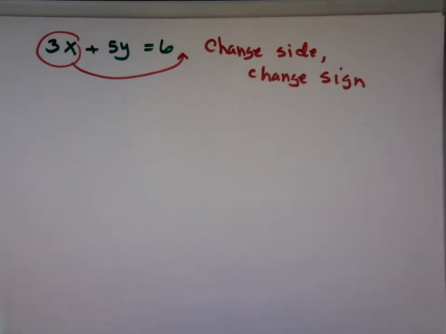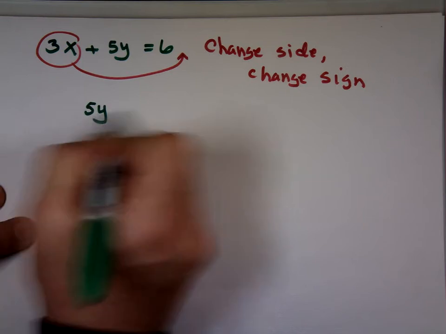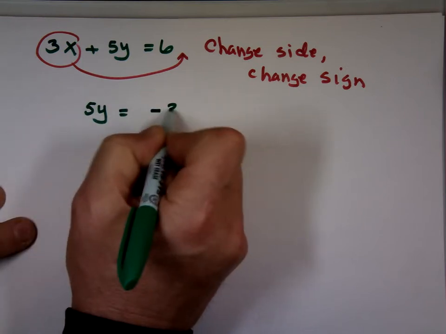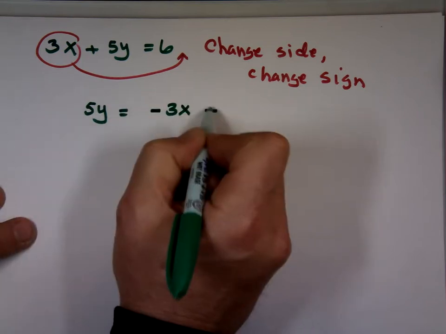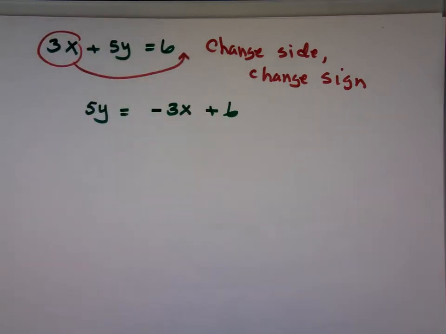So you'll have 5y equals negative 3x plus the 6. We take the 3x there, it becomes a negative 3x.